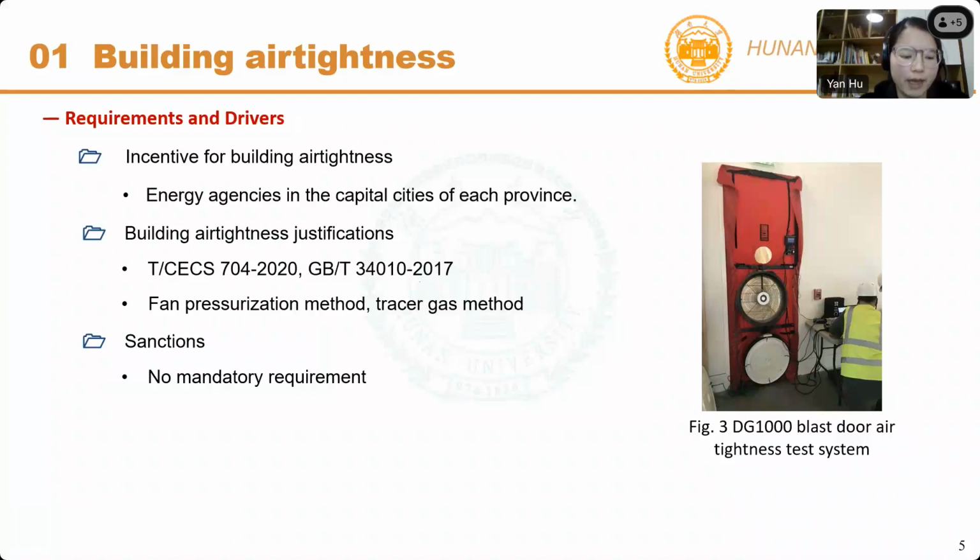They introduced the airtightness test and the evaluation method in detail, including the fan pressurization method and the tracer gas method. And there is no mandatory requirement for airtightness test of existing buildings so far. If a new building does not meet the airtightness requirements, the developer is responsible for improvement, for example, by filling the gaps of the door and the window frames.